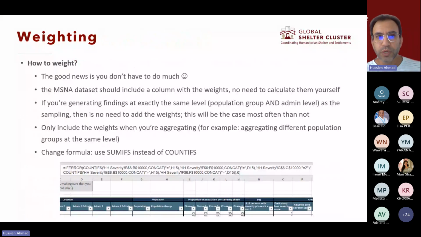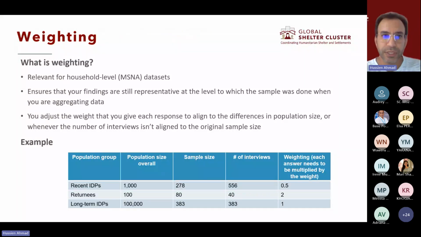I will go back to one point that was raised when we were working last year with the MSNA data sets, household level data sets. In the MSNAs, sometimes you have a weight for each household answer.